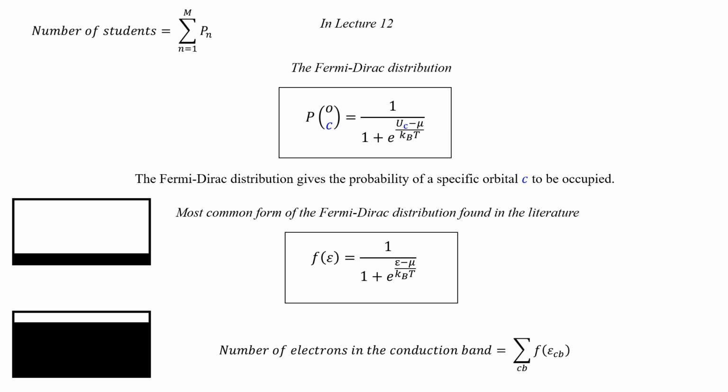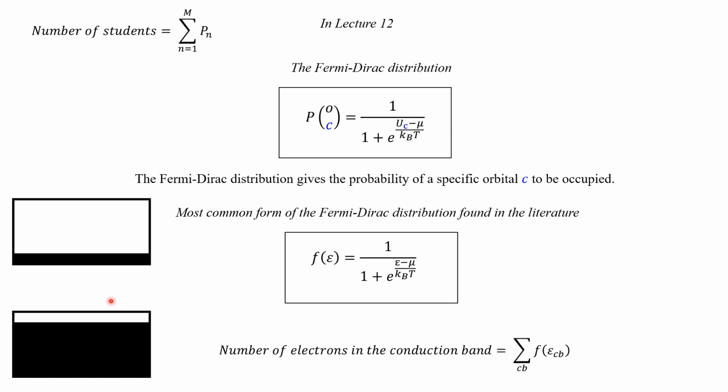Now, since the semiconductor that we are interested in is a macroscopic object, we're going to have a macroscopic number of orbitals in the conduction band.